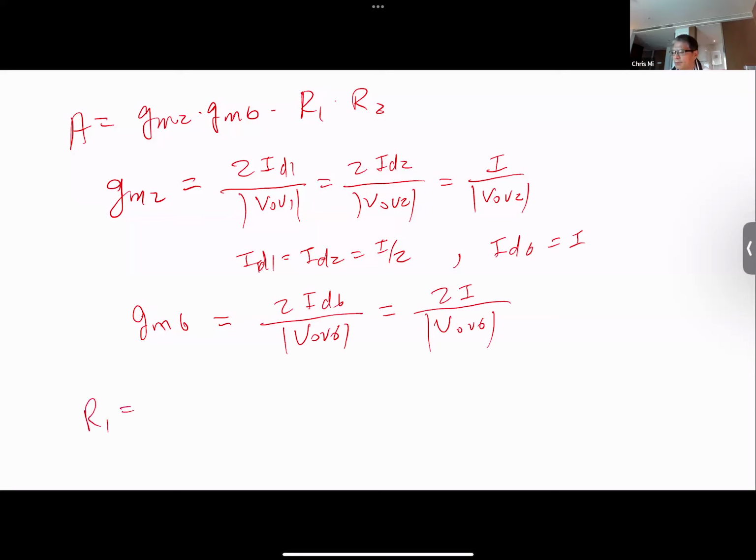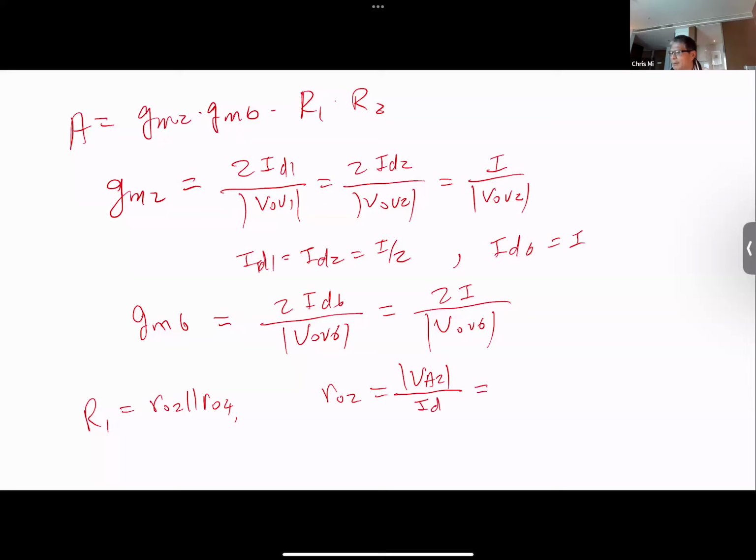So R1 is equal to RO2 in parallel with RO4. Now, remember how we calculate RO2 and RO4? That's the early resistance, equal to the early voltage for PMOS with absolute value divided by its ID.